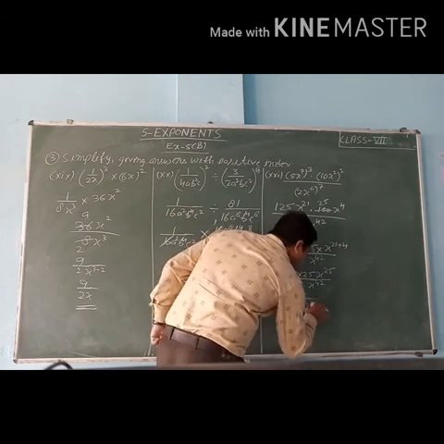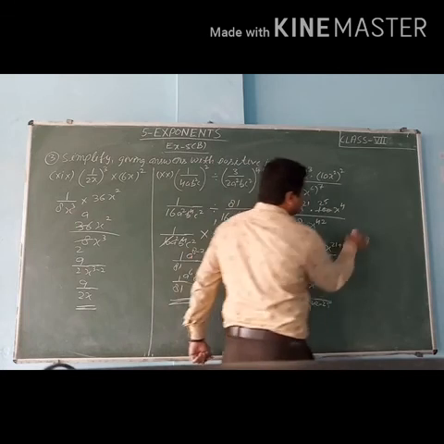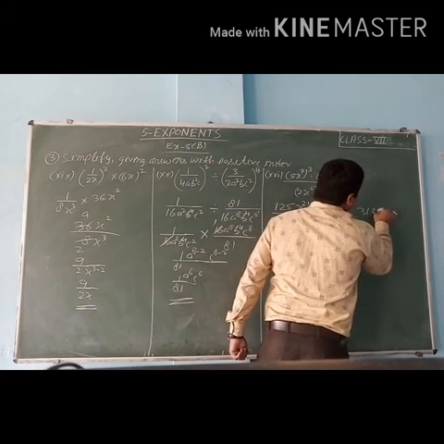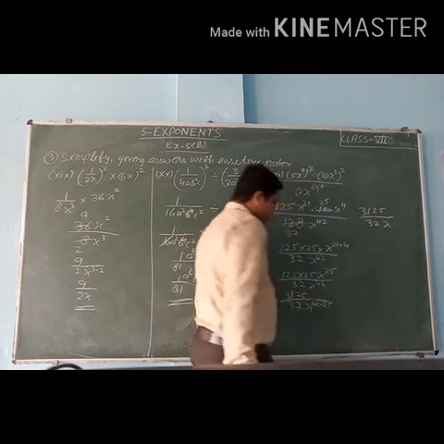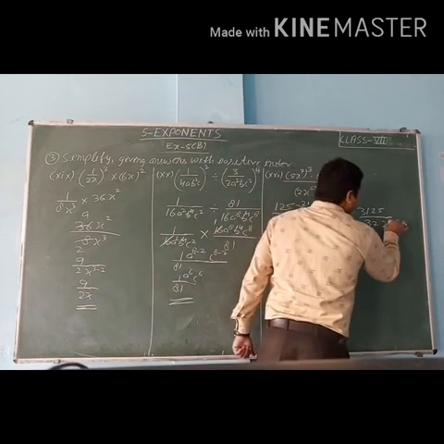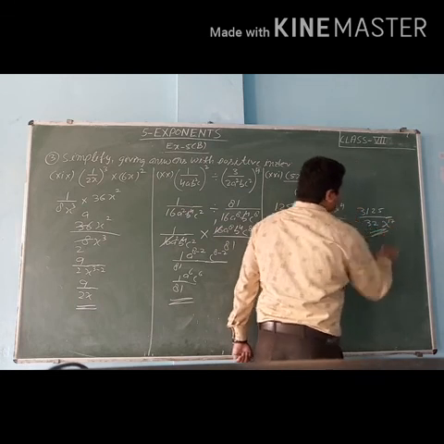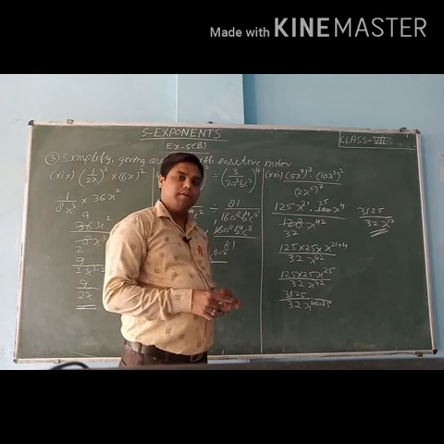So 42 minus 25. So students, it will come 3125 upon 32 x raised to the power 42 minus 25. It means 17. So students, the answer is 3125 upon 32 x raised to the power 17.